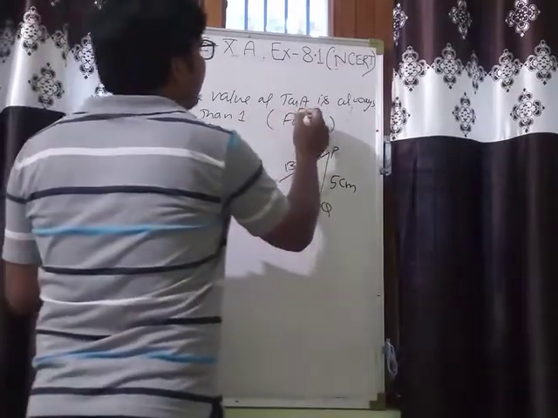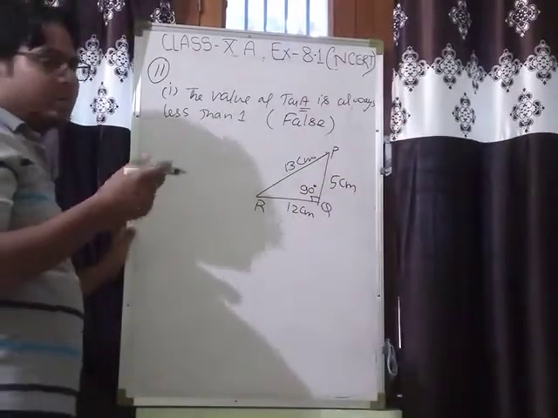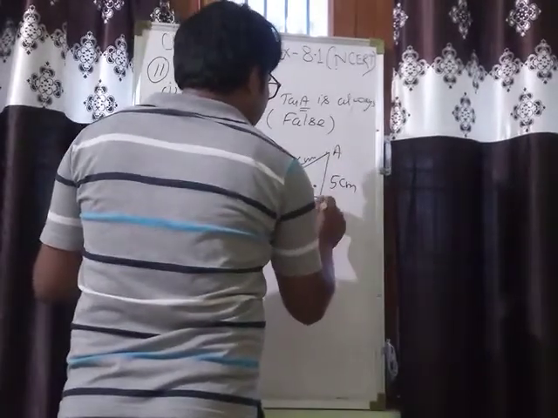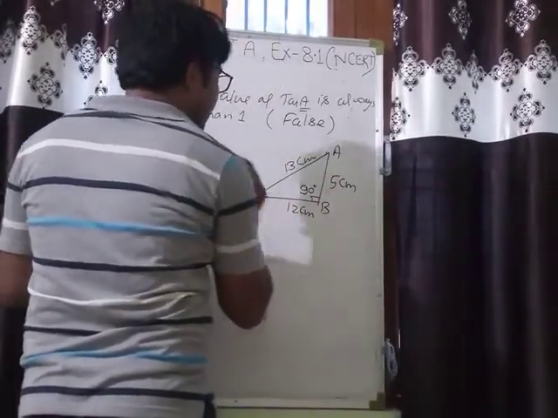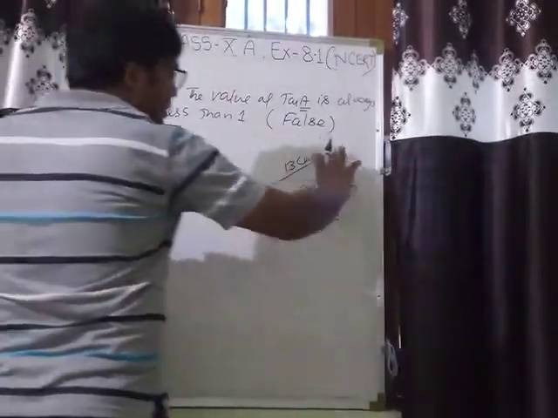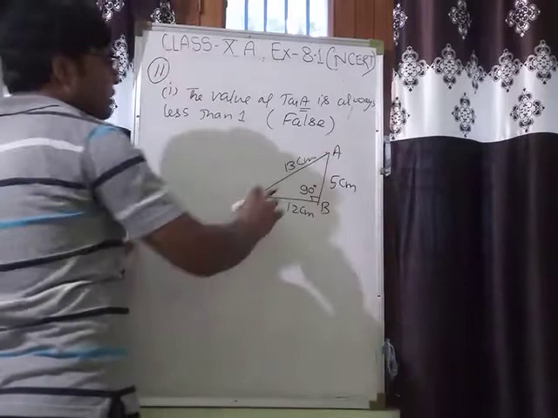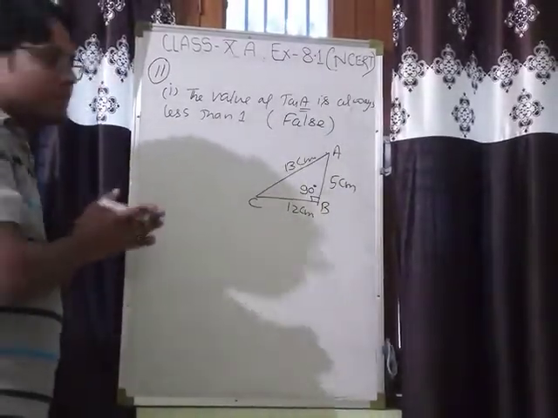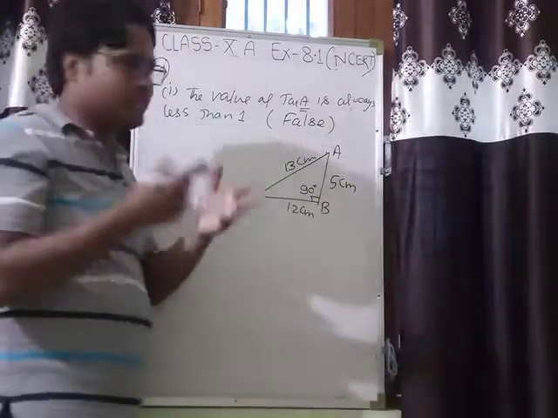Because in this case it is given angle A, tan A. So write down a right triangle ABC in which angle B is 90 degree, AB is 5 centimeter, BC is 12 centimeter, AC is 13 centimeter, and this is a right triangle because it satisfies the Pythagorean triplet.